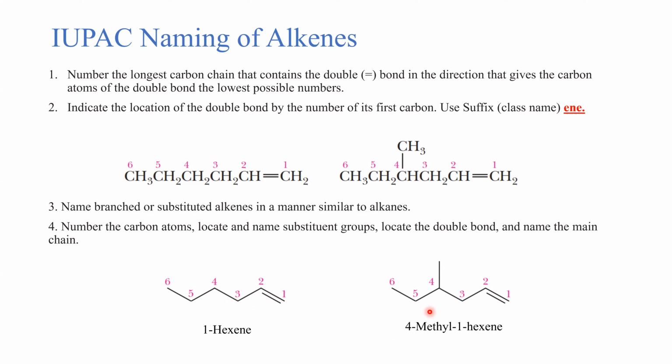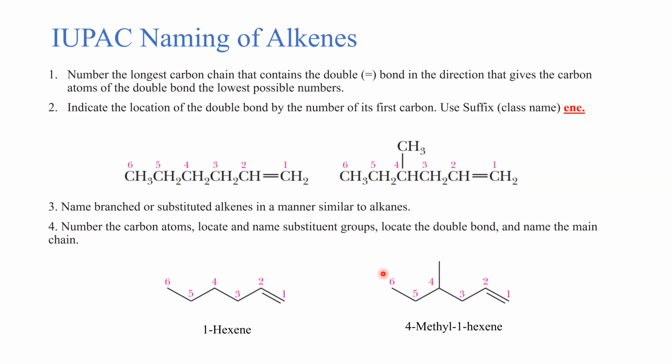So you can see again, if we count the longest chain, 1, 2, 3, 4, 5, and 6, right? If I go through this side, 1, 2, 3, 4, and 5, so we have to choose a continuous longest chain, right? If I choose this one, then that will be the 5-member chain.